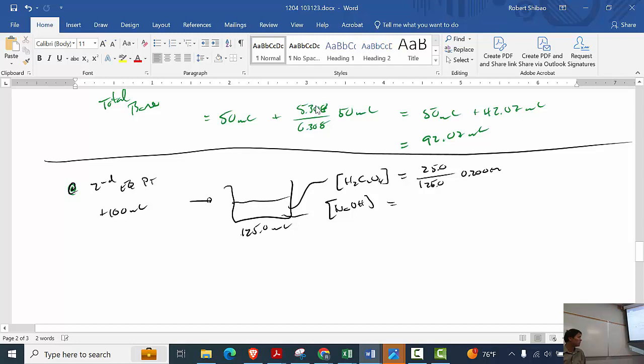And then the sodium hydroxide dilution factor is going to be 100 diluted to 125 of 0.100 molar. So let's take a look at these calculations here. 25 divided by 125 times 0.2, 0.0400. And then 100 divided by 125 times 0.1, 0.0800.